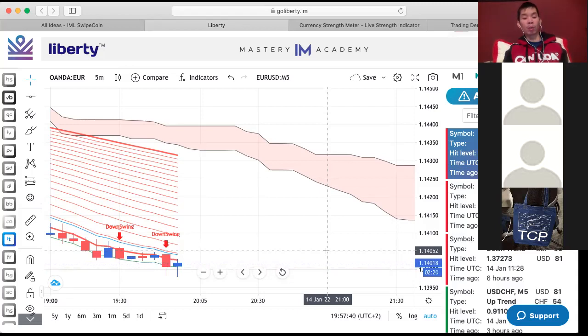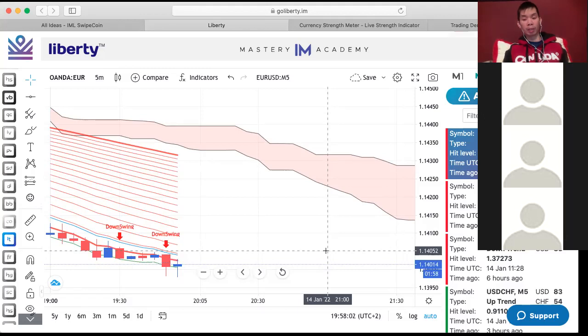So remember, you want to be in profit in 3 candles or less. 3 COL. COL stands for candles or less. So if you're not in profit in 15 minutes, you stop this trade, right? So you would take this trade for 15 minutes for Euro USD.